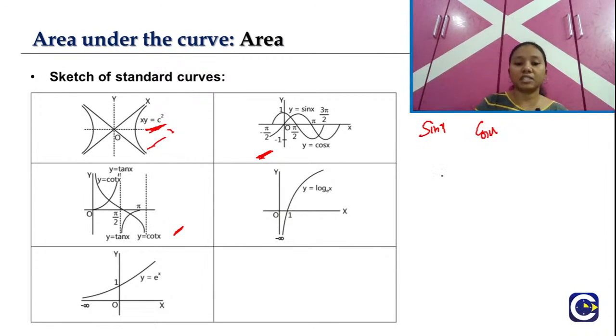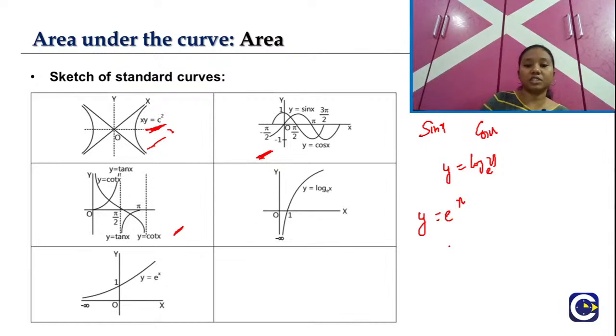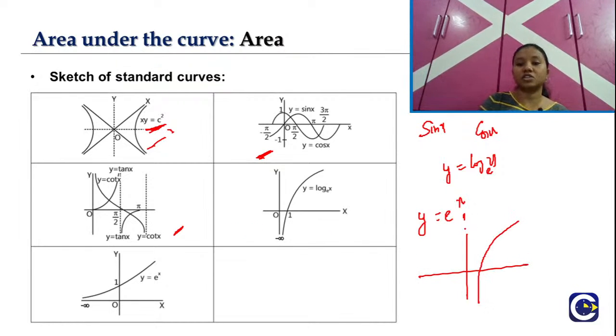And for log x, y equal to log x to the base e, the graph will look like this. And if you have y equal to e power x, that is exponential, then the graph will turn upwards like this. Logarithmic will be like this, while for exponential we can't get the negative, so it will turn out like this.